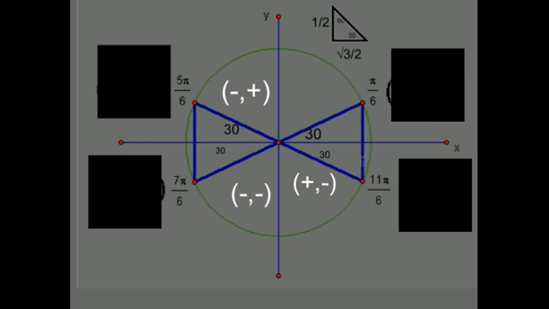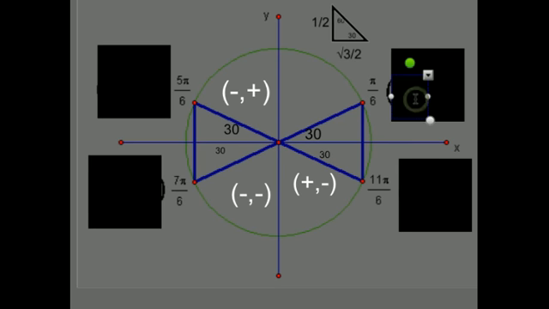Now if you remember from class, in a 30, 60, 90 triangle, when the hypotenuse is 1, the adjacent side is square root 3 over 2. So for this triangle here, the adjacent side is square root 3 over 2 in the x direction.